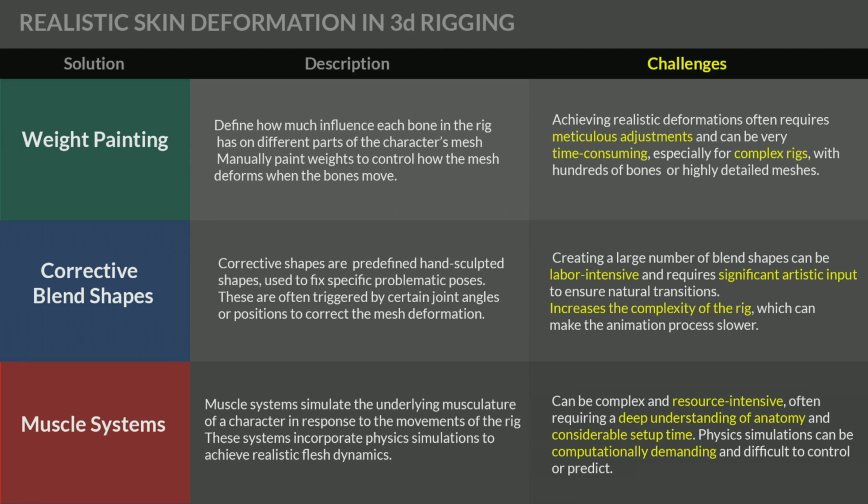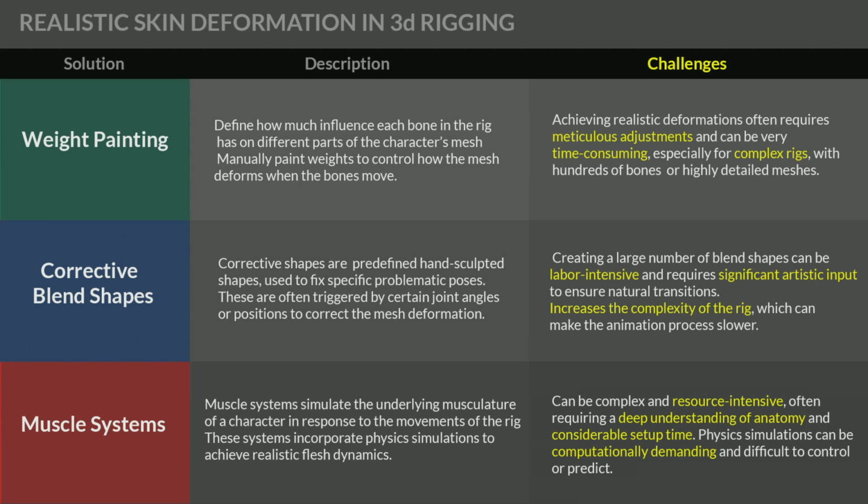It's time consuming, especially with complex rigs, and it's not very realistic. If you want a realistic character, it won't be enough to use only weight painting. You should add more and more bones for different parts of the body, and this increases the complexity of the rig and the amount of work.